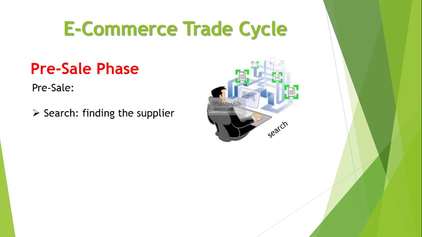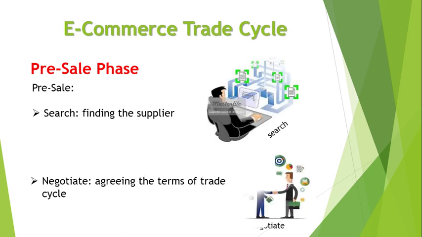So what is pre-sale? The first level, when you would like to go for online shopping, if you would like to purchase anything online, what do you do first? You search for the particular product. So the first level in pre-sale is that you search the product, finding the supplier who is supplying that product.